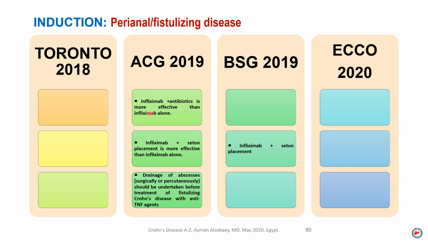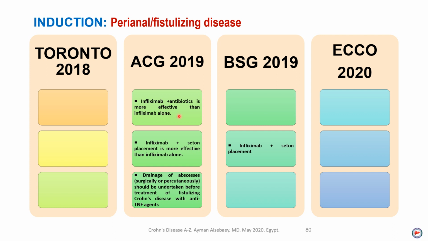Infliximab: when you give infliximab, should we give it alone or with azathioprine or with what? ECCO said that because antibiotics may be effective, it is better to combine infliximab with antibiotics, because they found that the combination of infliximab and antibiotics is more effective than infliximab alone.